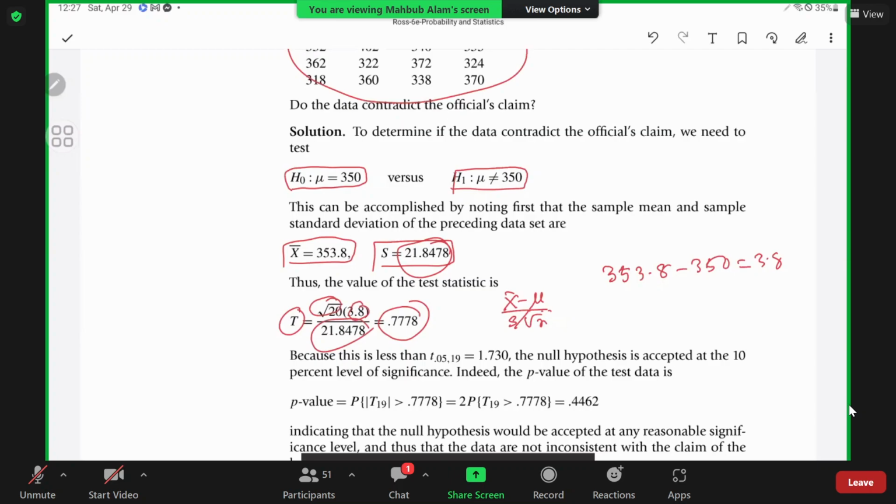When n and m are very large, we assume that the sample variance represents the population variance for both samples.